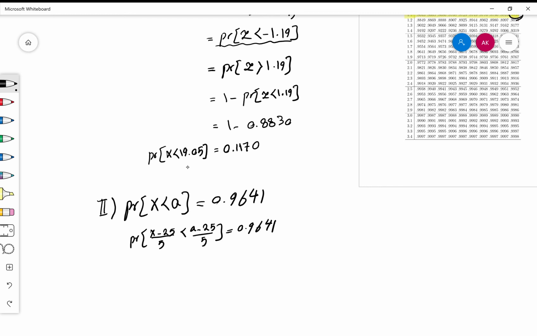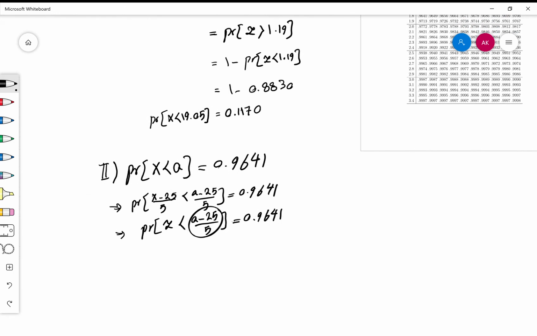This is the probability of z less than a number here. I don't know what that number is at this stage, but I know that it's a number for which the probability of z less than that number is 0.9641.